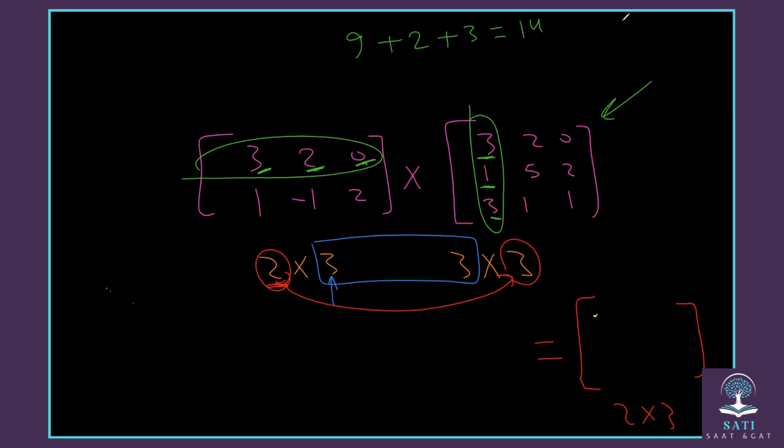Green, just to remember what they are. Good. This one is 14. Now I'll use blue. What is the second one? We found one of them now. The second one, you use blue, still the same first row.